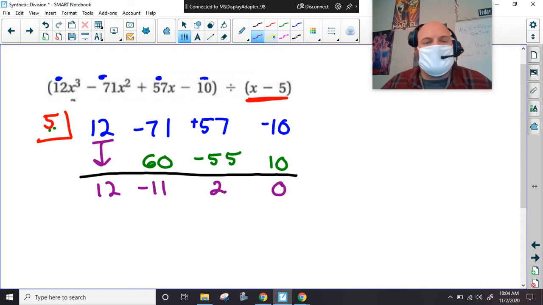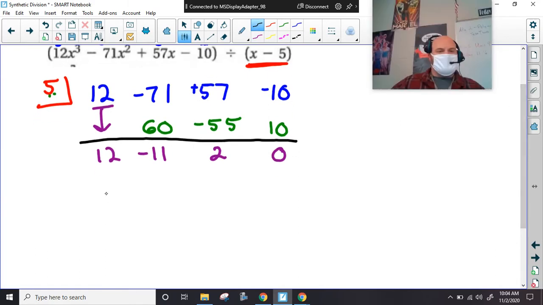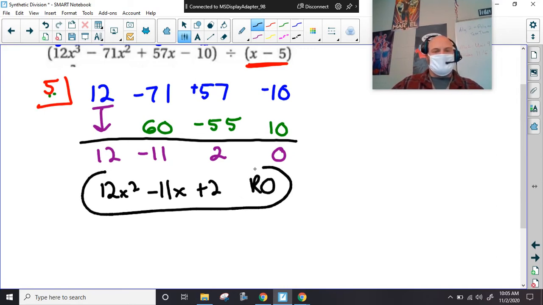So now we're done. This would be 12x squared, because we started with a third, so it's 1 less, minus 11x, plus 2. You could leave it like this, or if you have remainder 0.